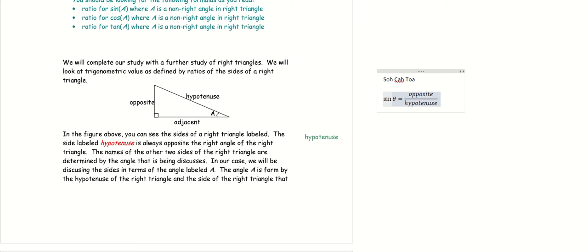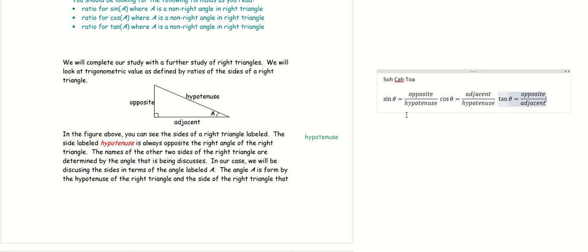Cosine is the adjacent side over the hypotenuse. That's the formula for cosine. And tangent is O over A, so that's the opposite side over the adjacent side.